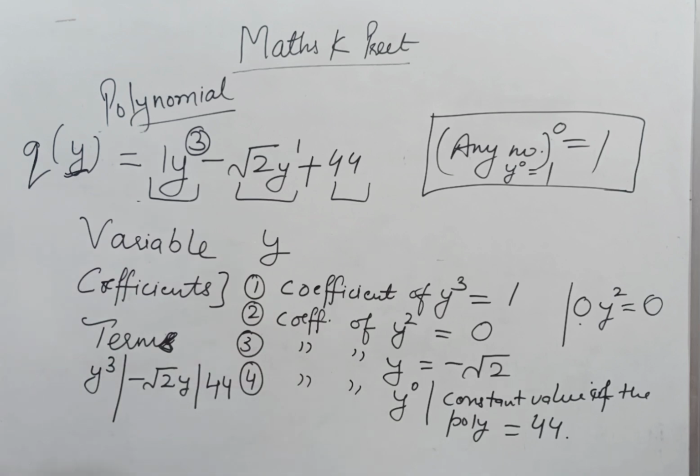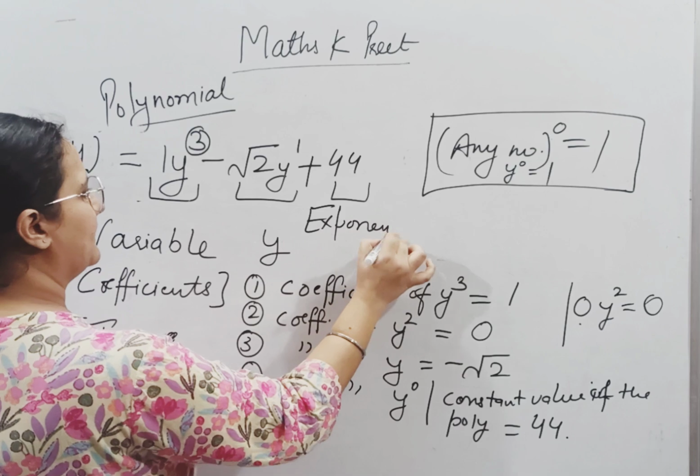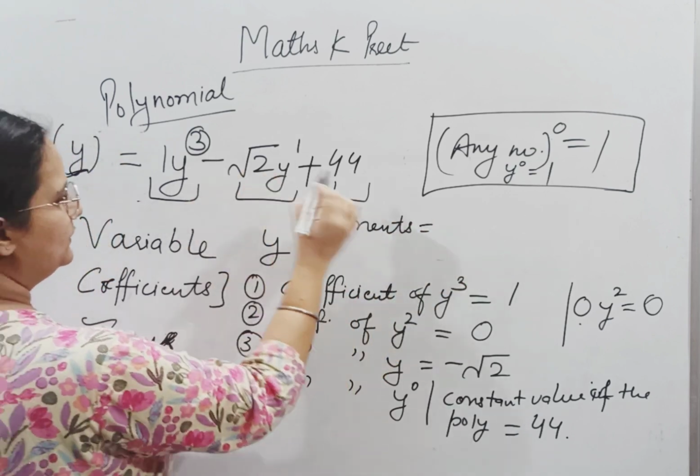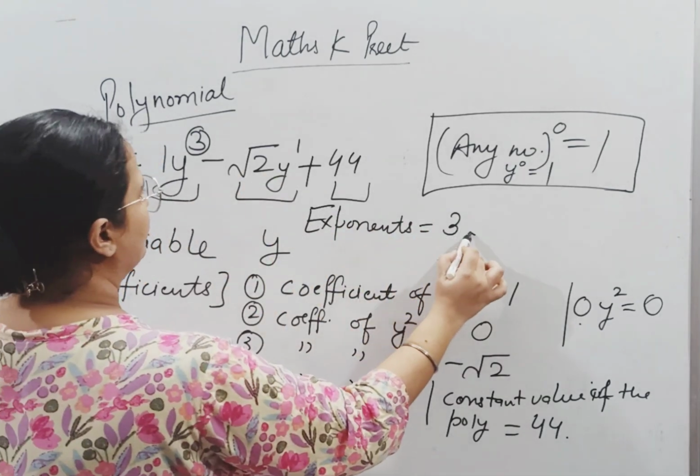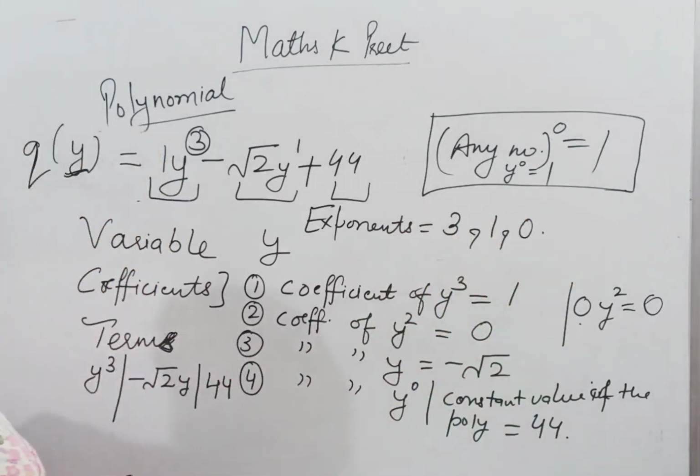So this is a polynomial in variable y with these coefficients and with these 3 terms. So the exponents, means powers, are 3, 1, 0. All are from the whole numbers. So yes, it is a polynomial.